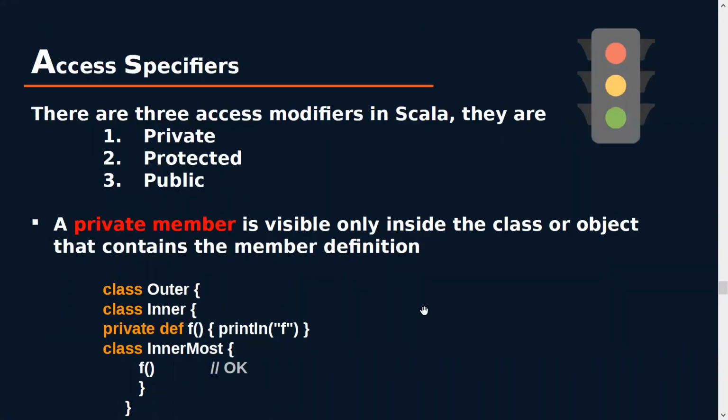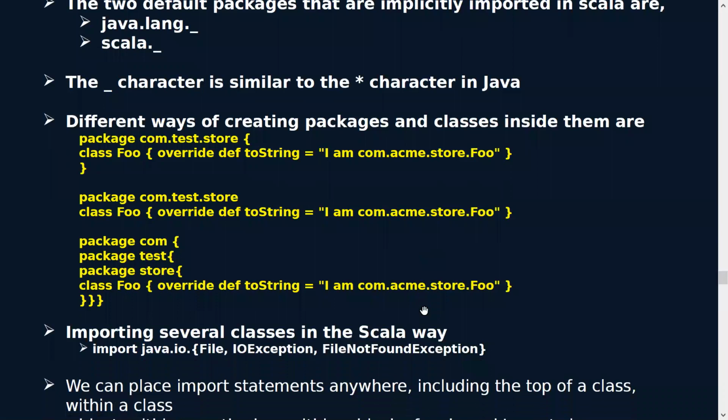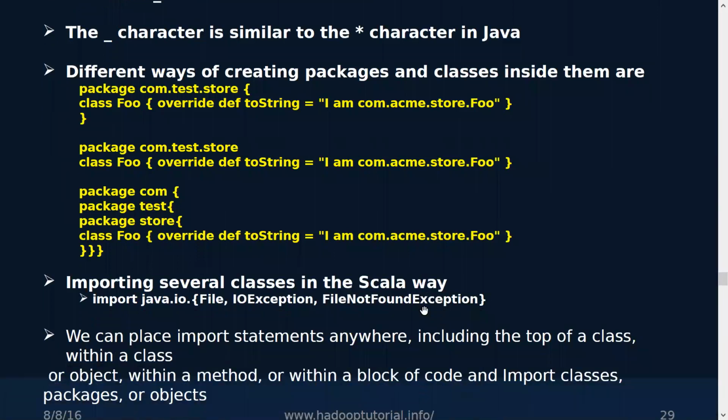Coming to the access specifier. One quick summary, Shiva. We have a package. Inside a package we have classes, and a class to object. Within that object, we have various methods, right?